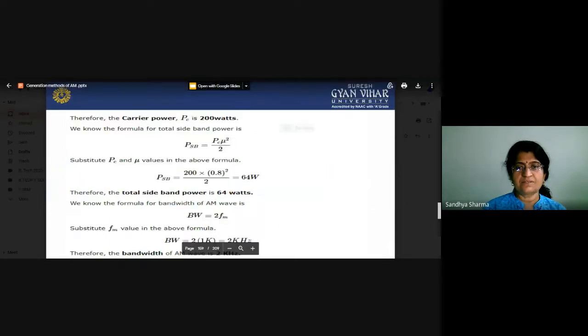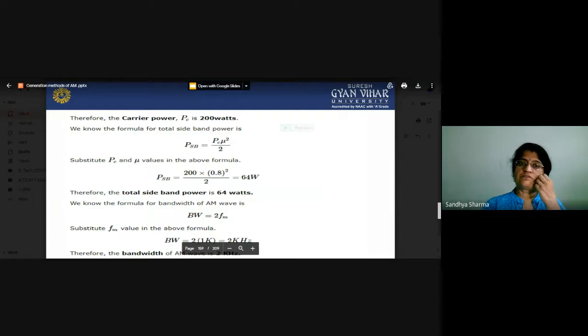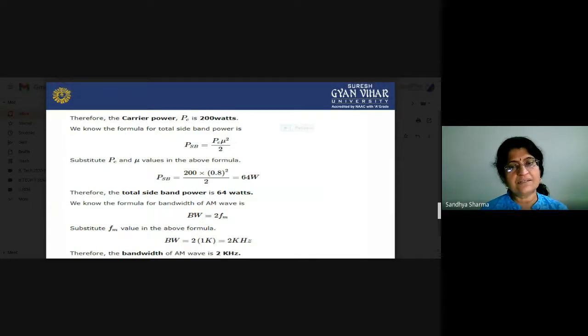Now what happens to the sideband power? The total sideband power is Psb equal to Pc mu square by 2.